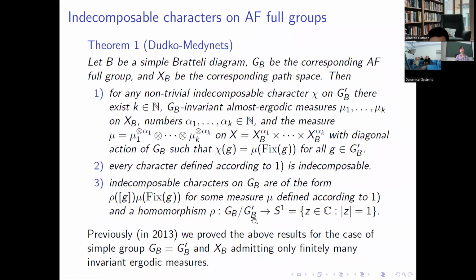It's an abelian group. All its representations are just multiplicative homomorphisms to the unit circle. So all its irreducible representations are one-dimensional, and from this we can derive this formula.